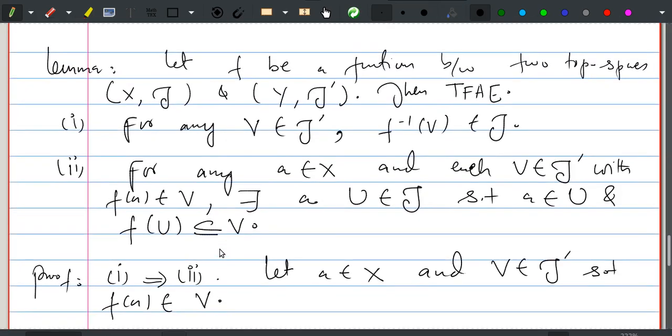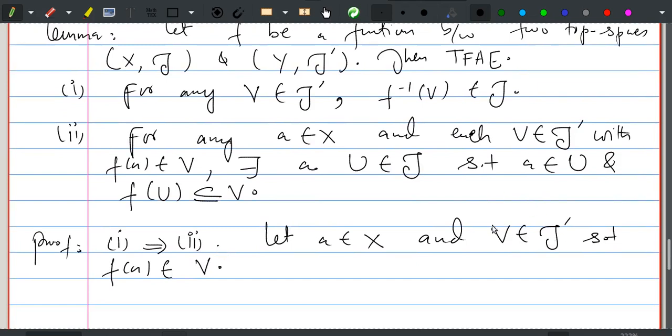Since this V is open in Y, by our hypothesis, as we have assumed that the first is true, the inverse image of V is going to be open in here.